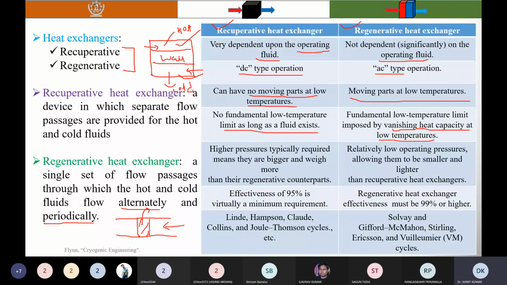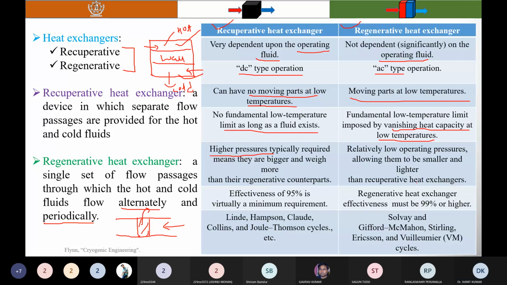Why? Because it works at high pressures. So high pressures are typically required, which means they are bigger and heavier than their regenerative counterparts. While a regenerative heat exchanger has relatively low operating pressures. So if you are using the regenerative heat exchanger, it works at very low operating pressures. So that's why it is smaller and lighter than the recuperative heat exchanger.